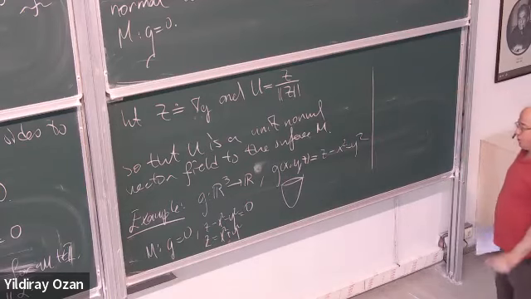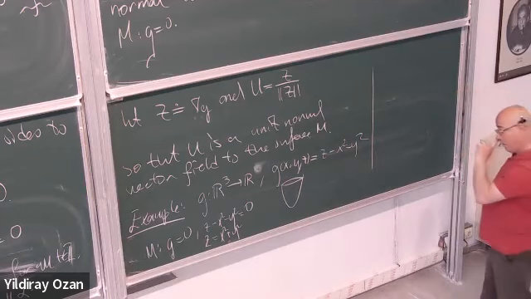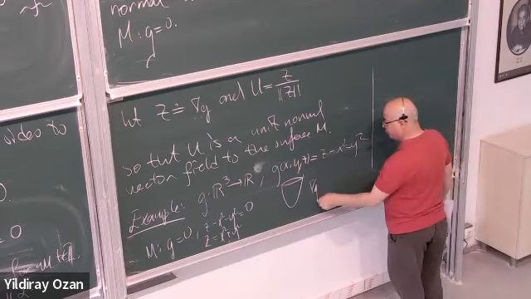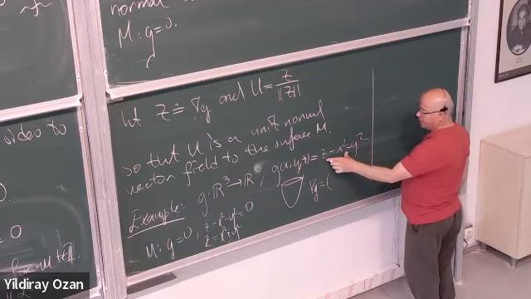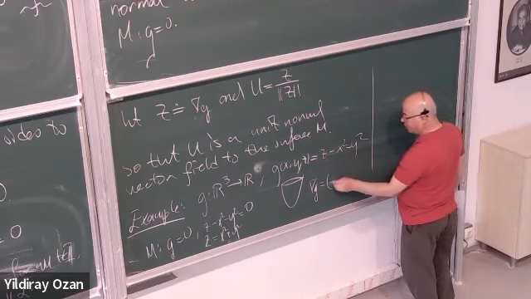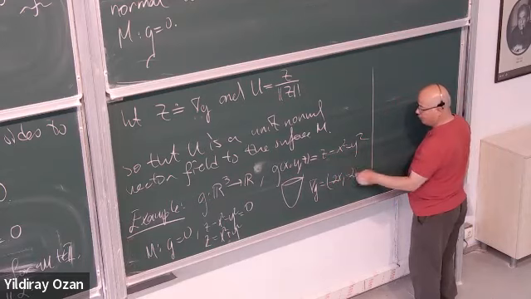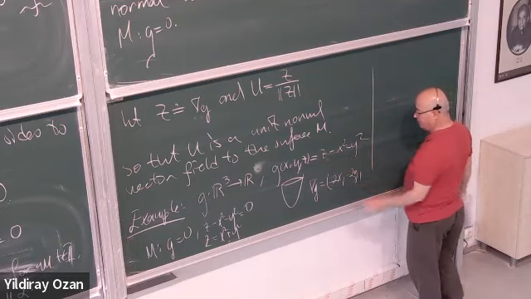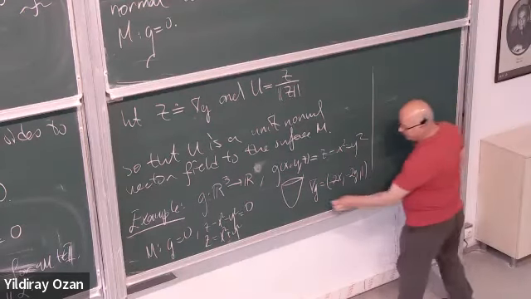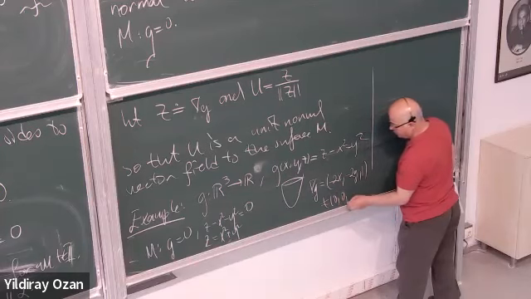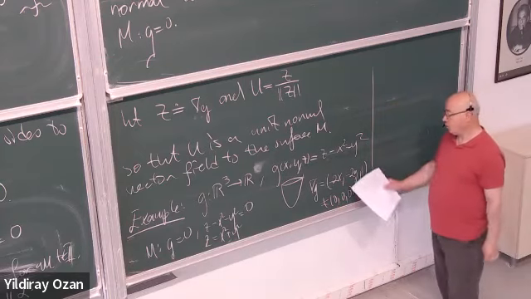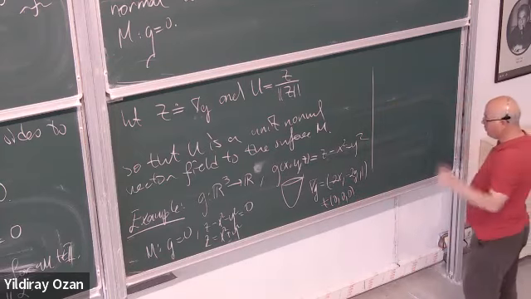Let's see whether 0 is a regular value. What is the gradient of G? I take the derivative of this expression. The derivative with respect to x is minus 2x, with respect to y is minus 2y, and with respect to z is just 1. You see that the gradient is never 0, no matter what x and y are.